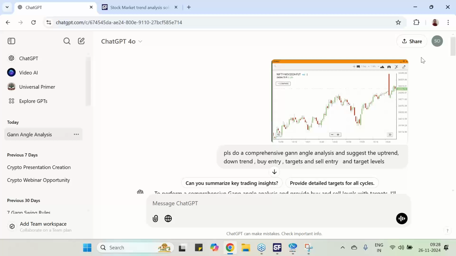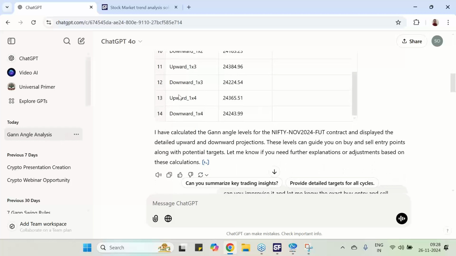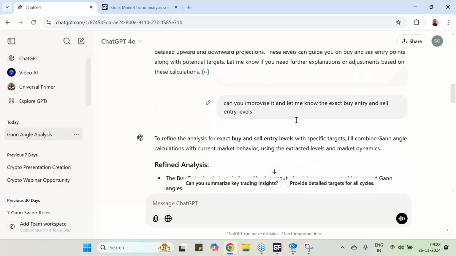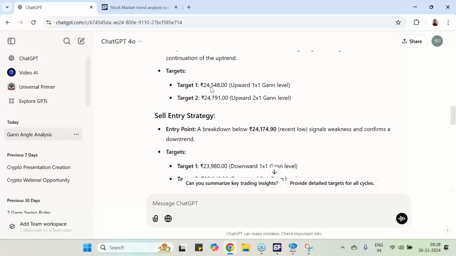So that is what it has done. Here one huge candle is found, maybe from this high and this low it has drawn the lines. So now taking these things into consideration with the Gann angle, it is properly using the Gann angle, it has made some suggestions. Buy entry and sell entry targets it has given.